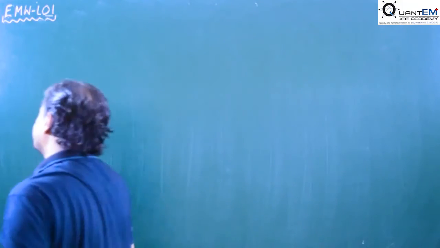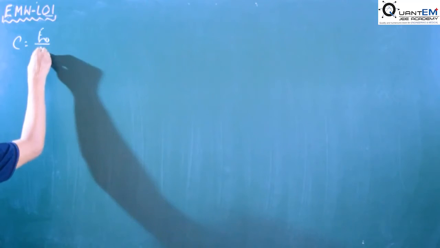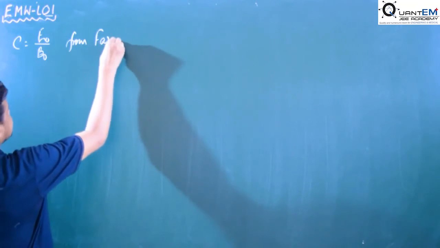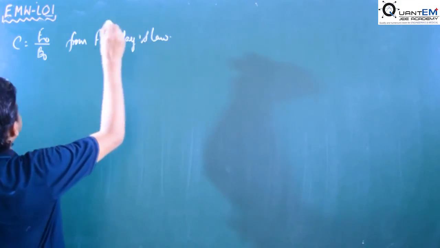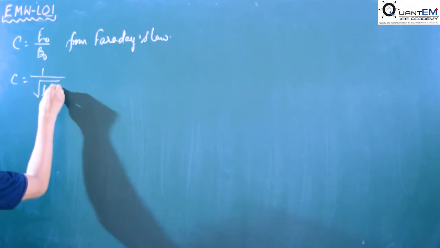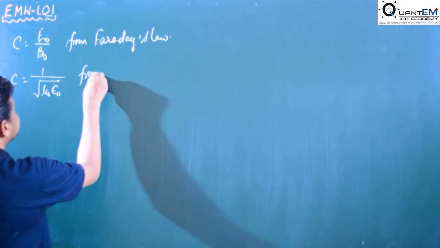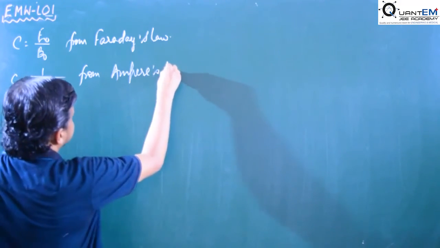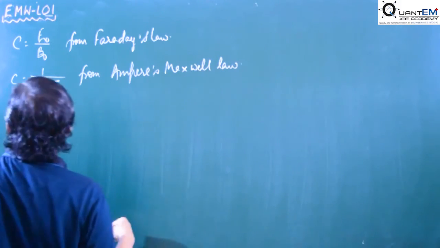तो हमारे पास क्या क्या रिजल्ट्स मिला. एक तो रिजल्ट डिराइव किया E naught by B naught, it is from Faraday's law, and c is also 1 by under root mu naught epsilon naught. It is from Ampere-Maxwell law.